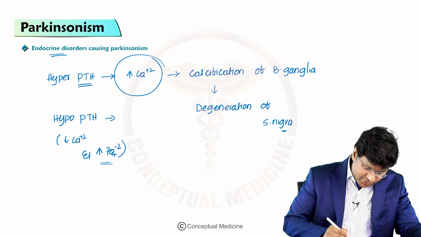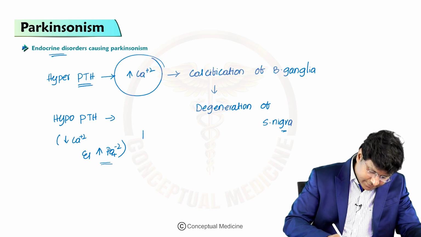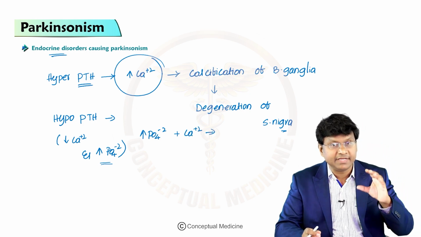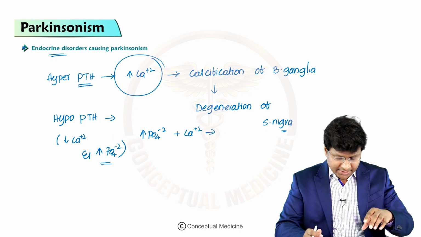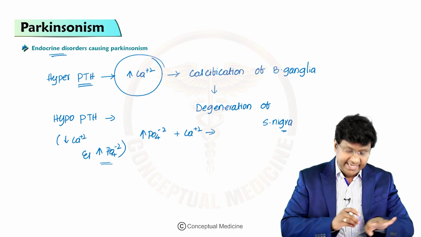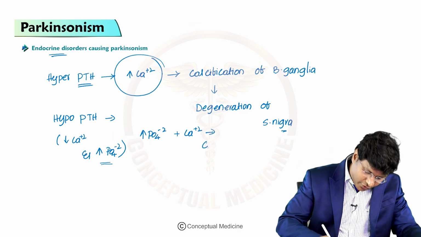And this increased phosphate will try to form a precipitate with whatever calcium is available, and that will result in the formation of calcium phosphate.